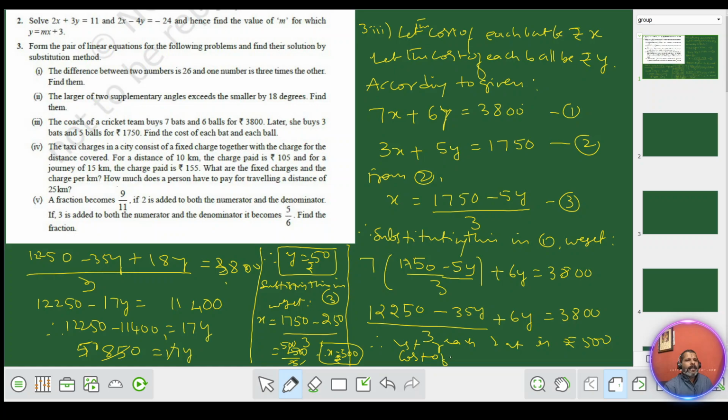Similarly, cost of each ball is rupees y. What we got? 50. So proper, right? In real life also we will have a bat costlier than the ball. Okay, we'll move to the next question.